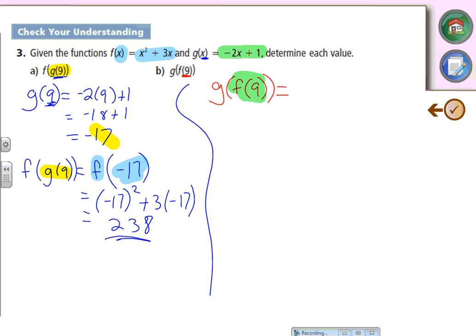So I'm going to say g at, well, f at 9 is, oops, not that one. This is the f. Using the f equation, substitute the 9 in there. So 9 squared plus 3 times 9. So all I did is substitute. Wherever I saw an x in the f, I put a 9.